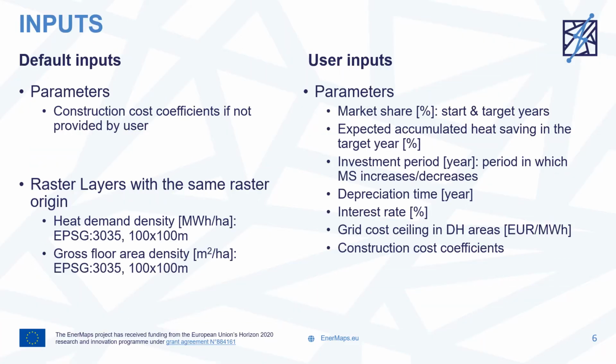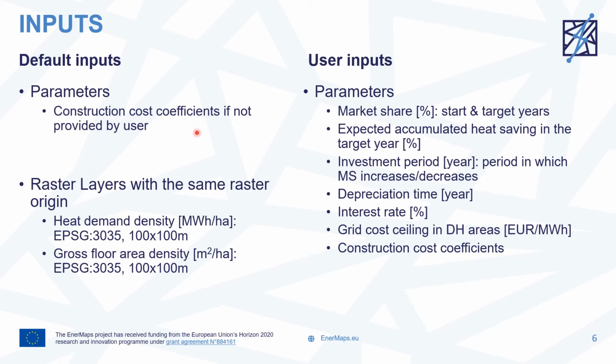Now that we got some ideas of what is happening in the background, let me show you what the user should expect in the interface of the tool. There are two sets of input parameters: default inputs and user inputs. As default, for each member state, a construction cost coefficient is given.